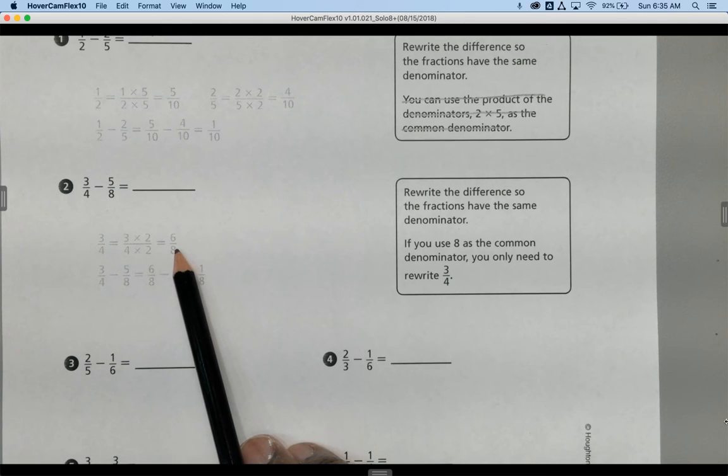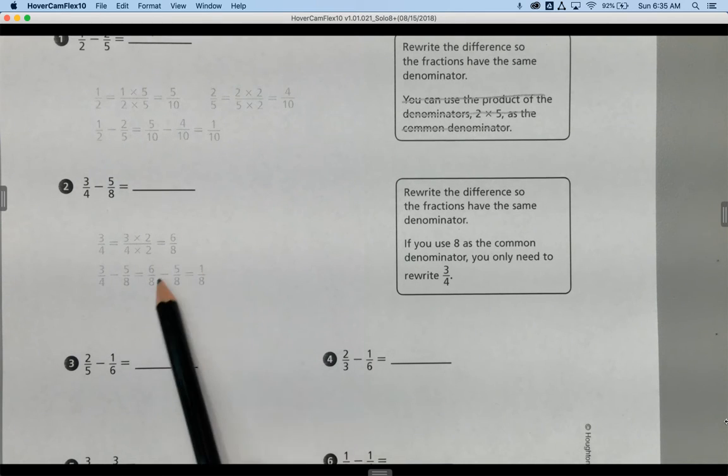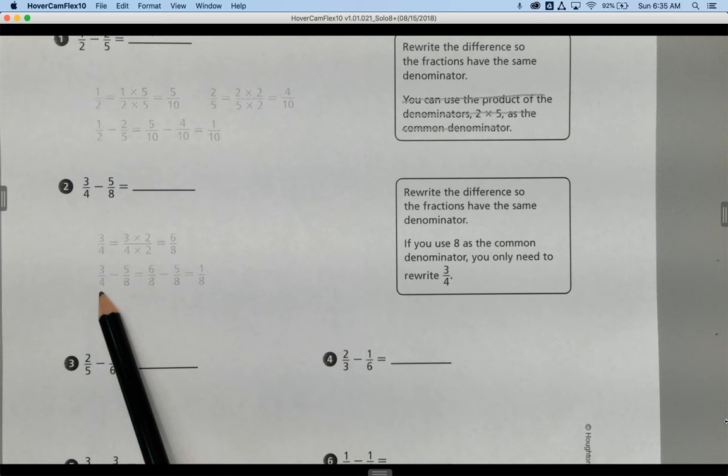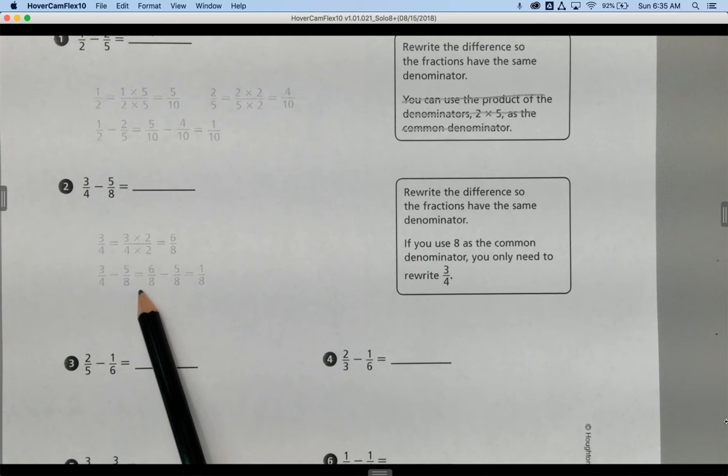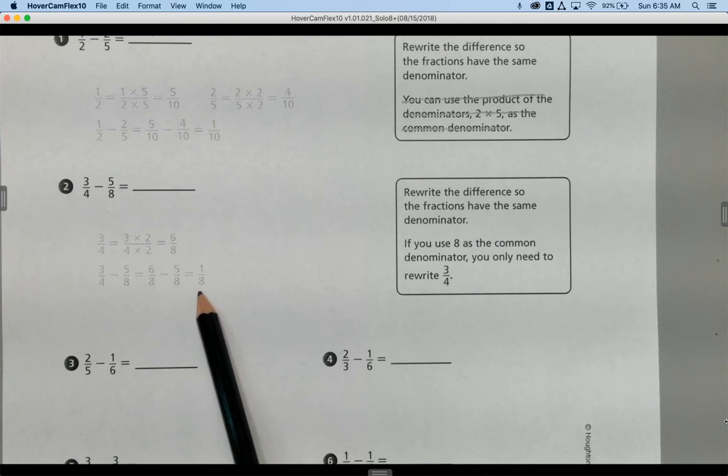Therefore, 3/4 can be rewritten as 6/8. And now I can show the original problem, 3/4 minus 5/8, rewritten as 6/8 minus 5/8, and perform the subtraction to finish the job. 6 minus 5 for the numerator is 1. I get a final answer of 1/8.